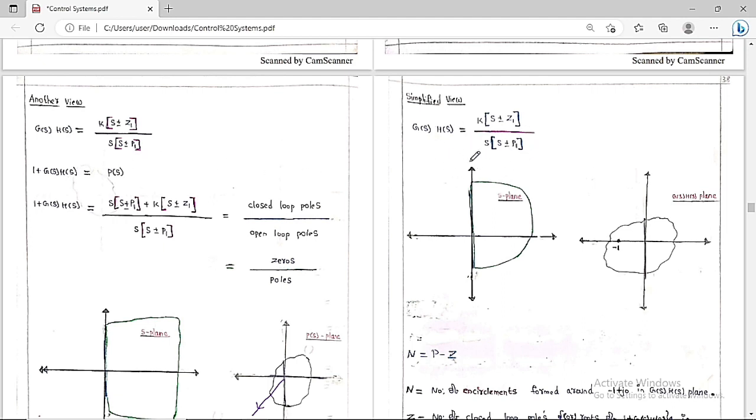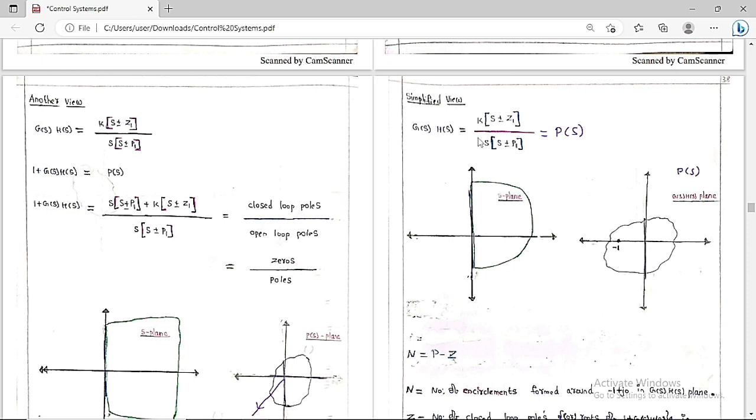So instead of using this P of S, which is 1 plus G of H of S, we will go directly from here. Previously, we assumed 1 plus G of H of S as P of S, but now we are going to assume G of H of S itself as P of S. So we can write either the G of H of S plane or the P of S plane.